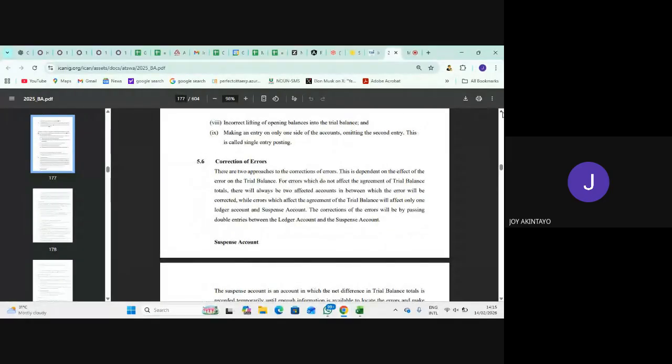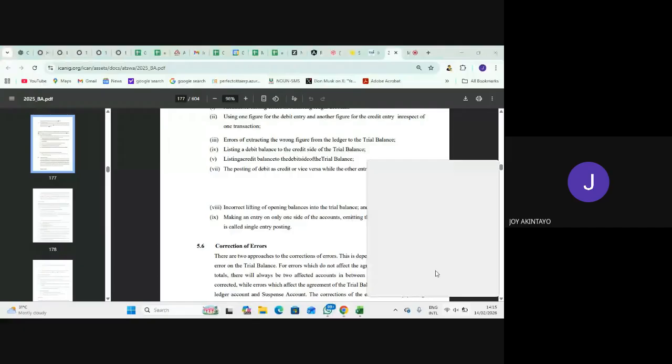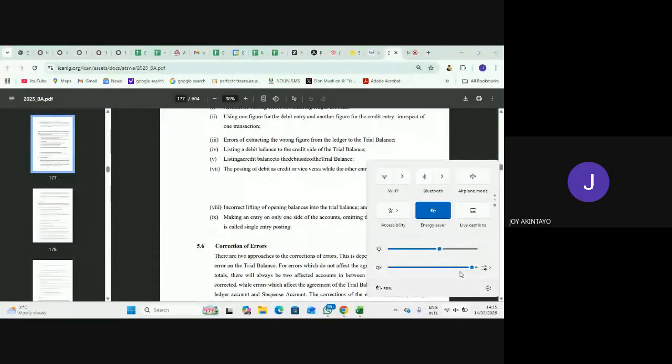We'll be looking at other errors that affect trial balance and how we correct all these errors for us to have a proper record. Are we getting it?